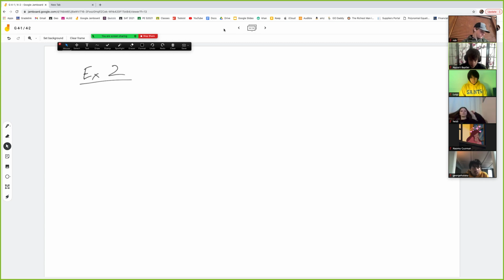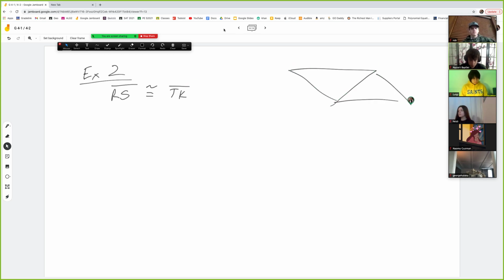Okay, so example 2, what we have is RS congruent to TK. I'm going to just draw this picture really quick. RSKT. Now, they've given you that these two sides are congruent.